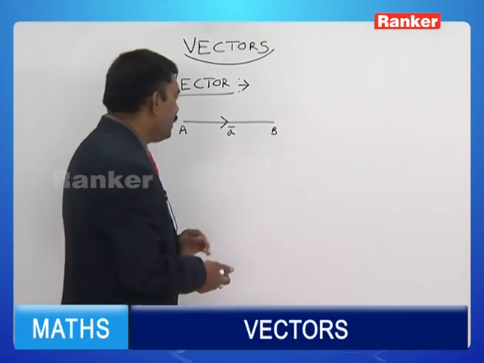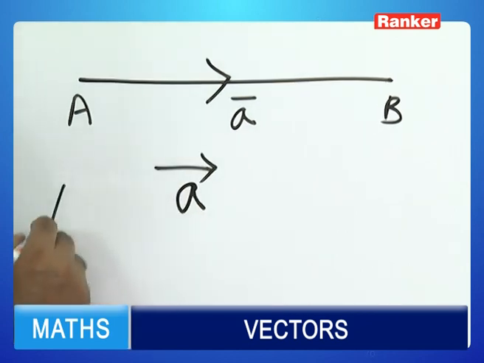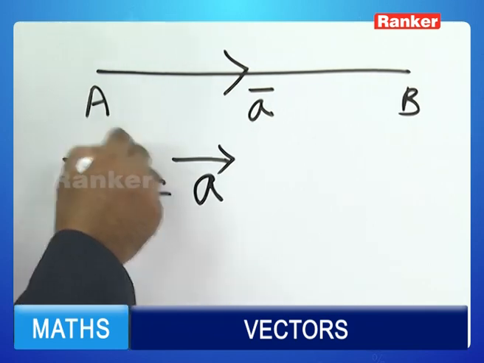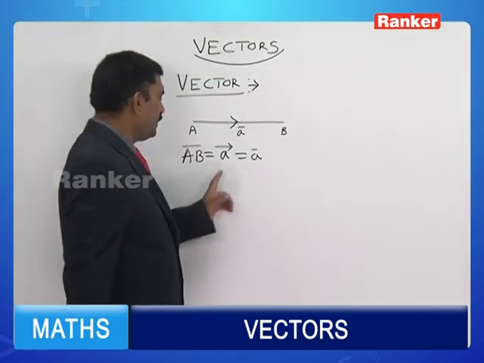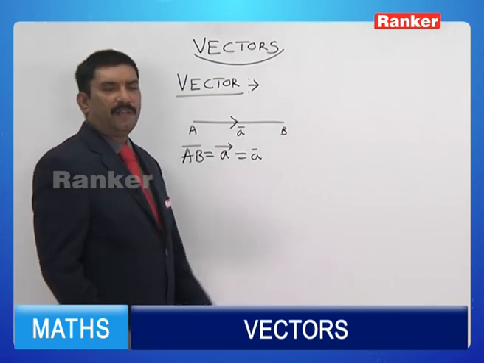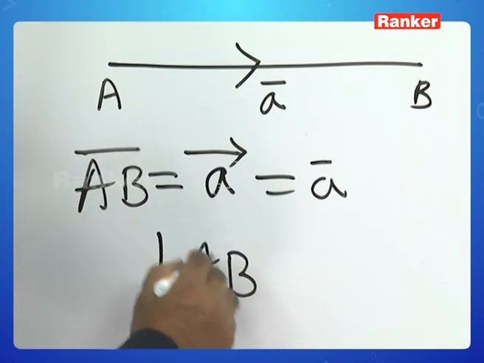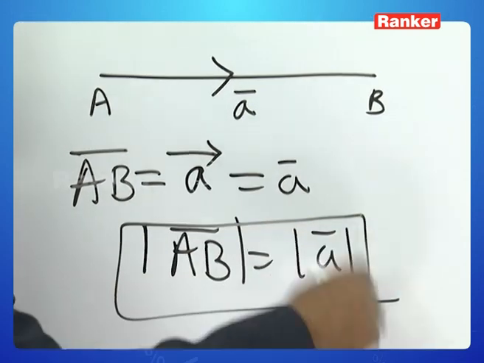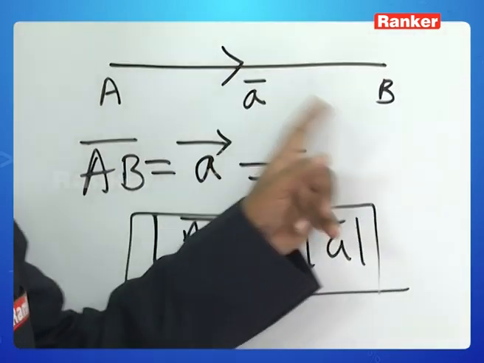This is denoted either with this symbol, I can write AB bar, or AB with an arrow mark. You can write it like this also. This represents the direction. Then its magnitude is the modulus of AB bar, equal to the modulus of A bar. This is the magnitude.